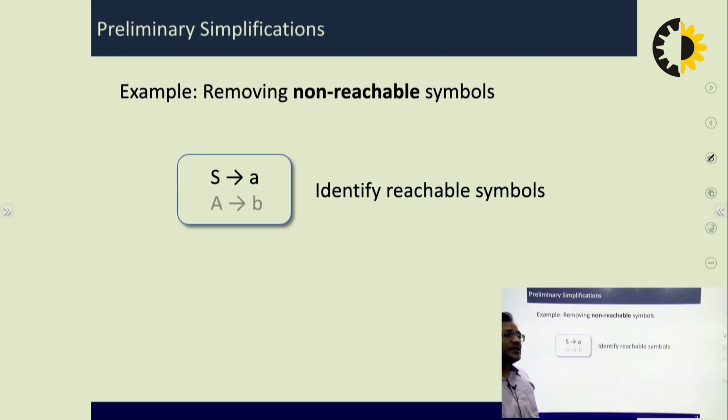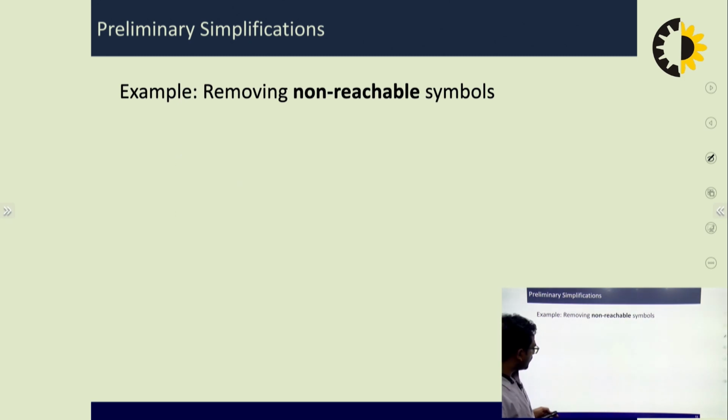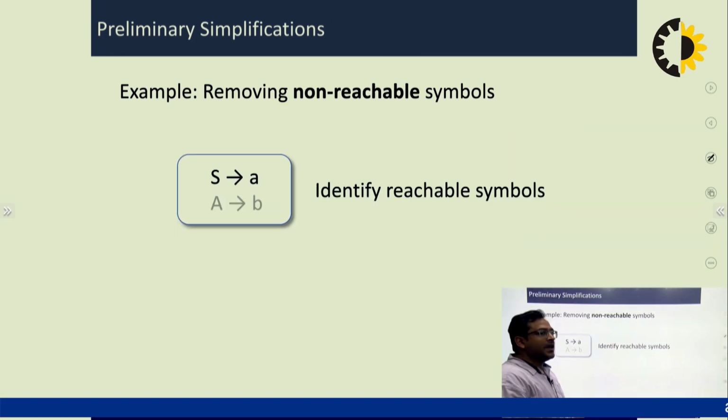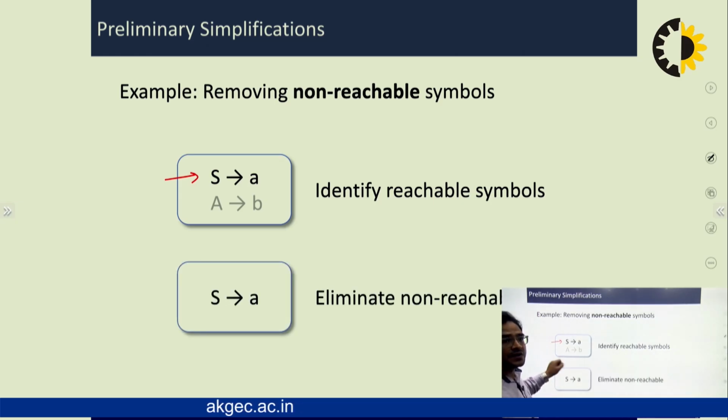Next, removing the non-reachable symbols. Before removing the non-generating symbol, we had this grammar, S tends to A and A tends to B. Now identify the reachable symbols. You have to start with the starting symbol S. From S, you can reach only the terminal symbol A. That means A is the unreachable symbol. How can you reach A?